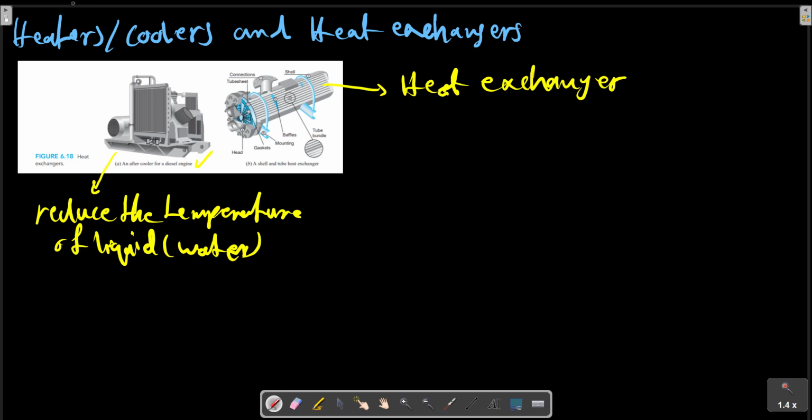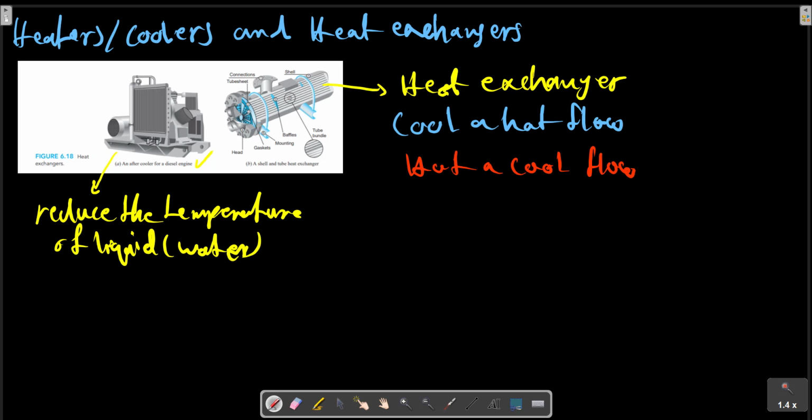The purpose of the heat exchanger is to cool a hot flow or heat a cool flow. The inner tubes act as the interface area between the two flows, as shown here.